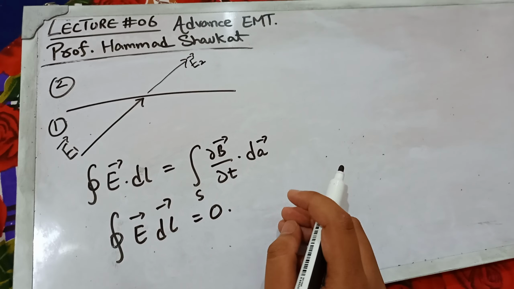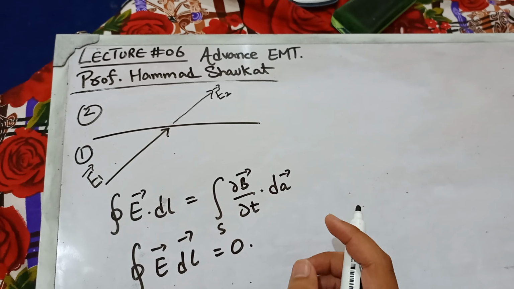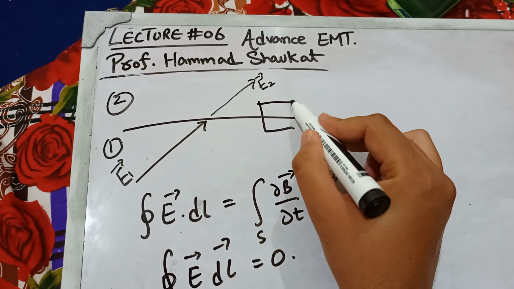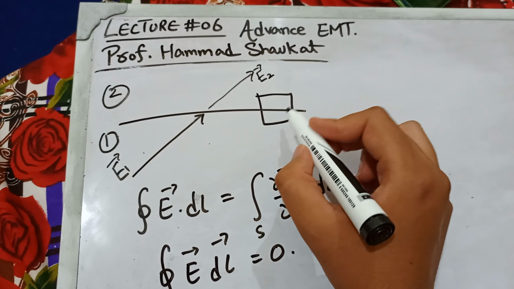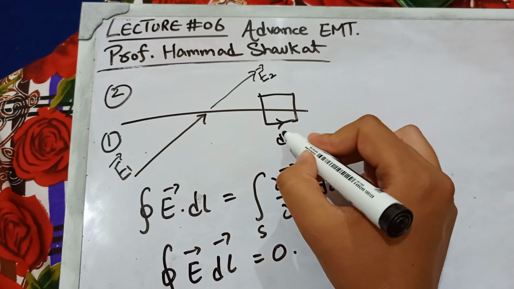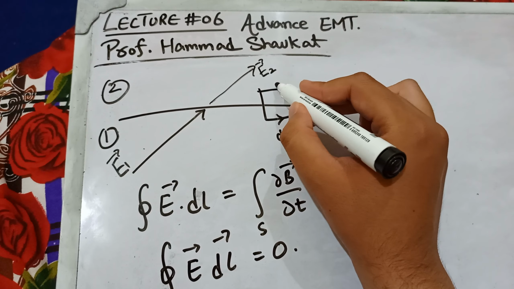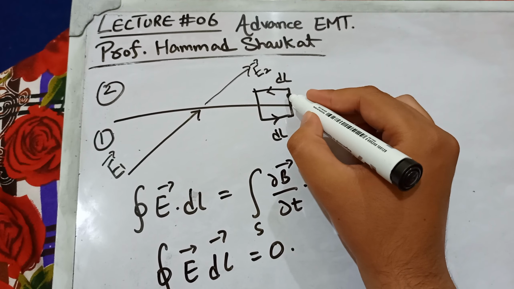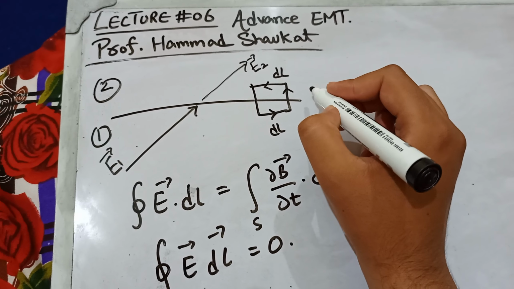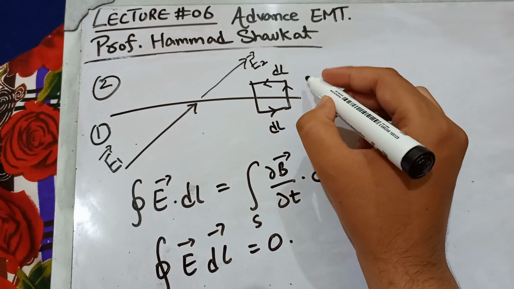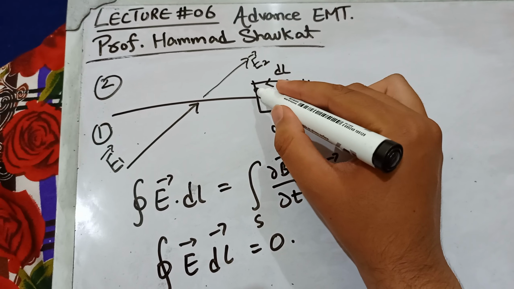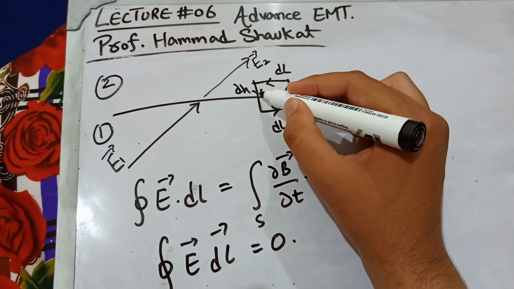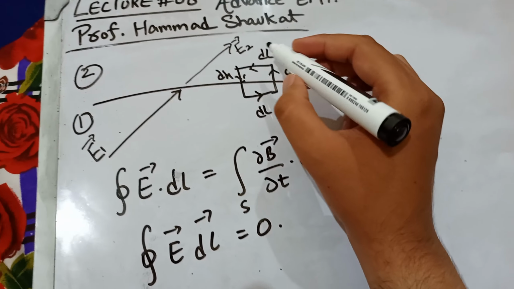So how can we do this? First of all, we have to draw a loop here. For this small box, let's suppose this is dl, and again this is dl. This is dh, and this is also dh on the downside.